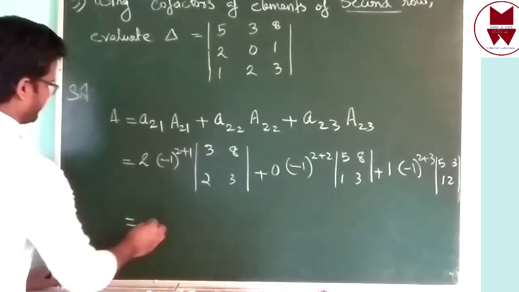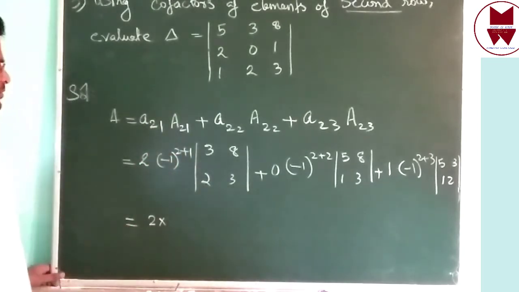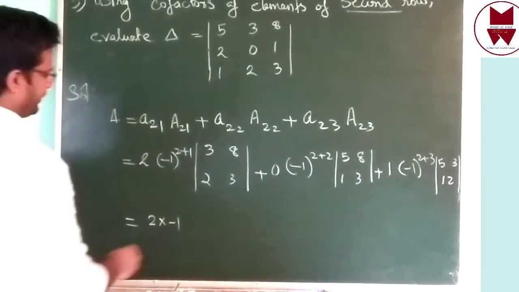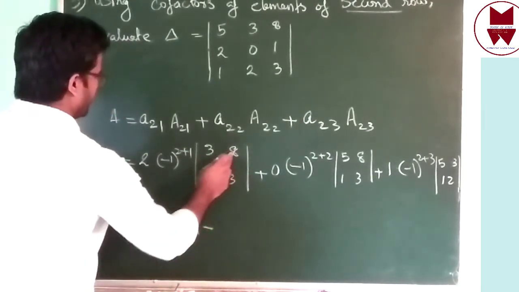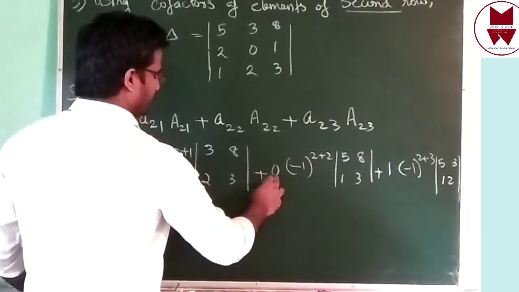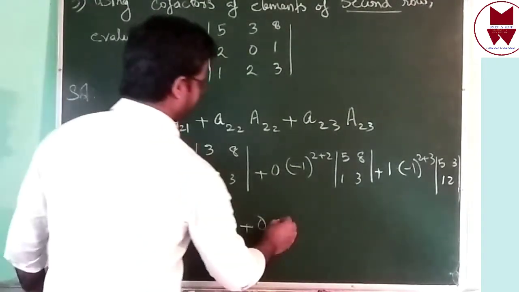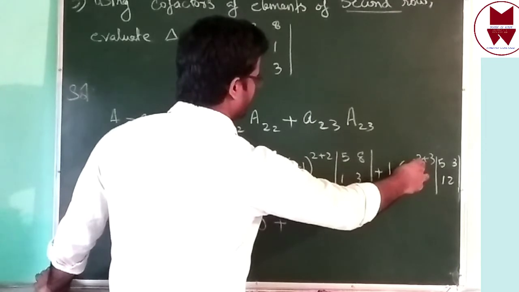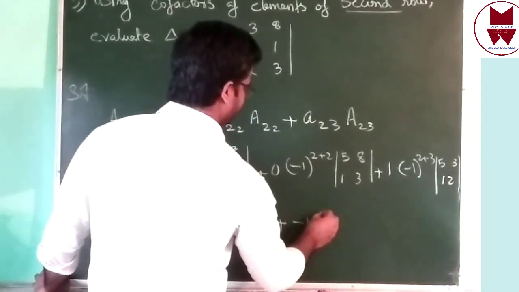Equal to 2 into minus 1 raised to 2 plus 1, that is minus 1 cubed, you will get minus 1. 3 into 3, 9, minus 2 into 8, 16, plus 0 into this number, that will be 0, isn't it? Directly we can write 0. Then 1, no need to write. Minus 1 raised to 2 plus 3, that is 5. Minus 1 raised to 5 is minus 1.